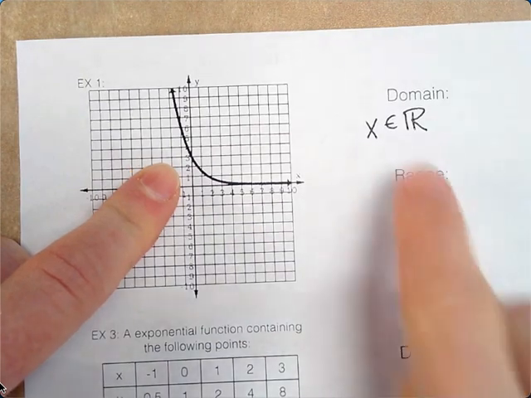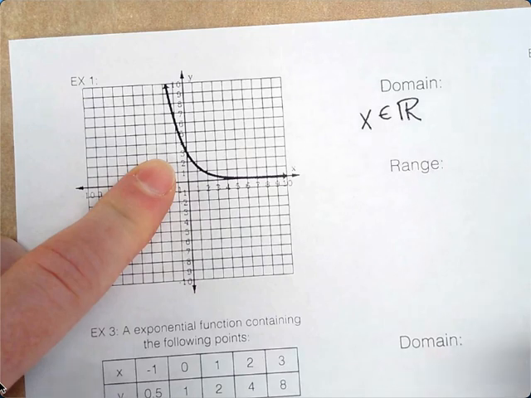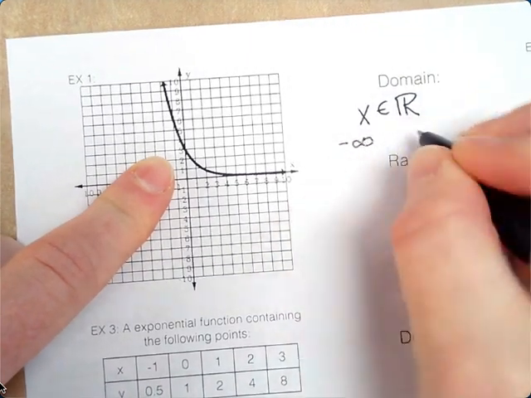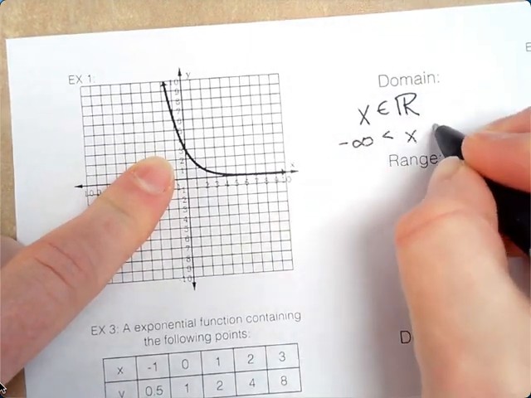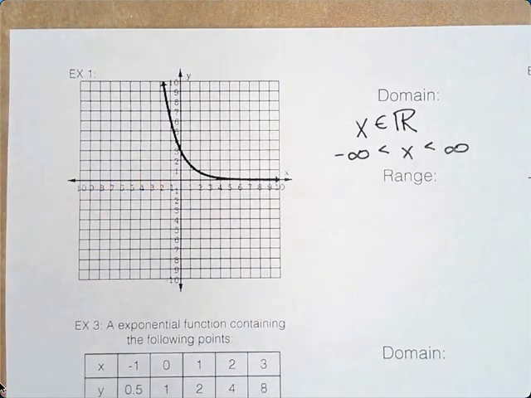X is an element of, that's what that little symbol means, all real numbers. We could also write it as negative infinity is less than x is less than positive infinity. We did domain back in the fall with linear functions and discrete data.